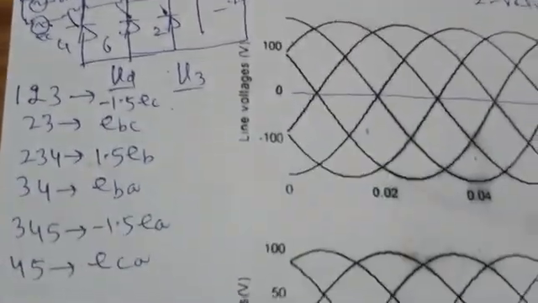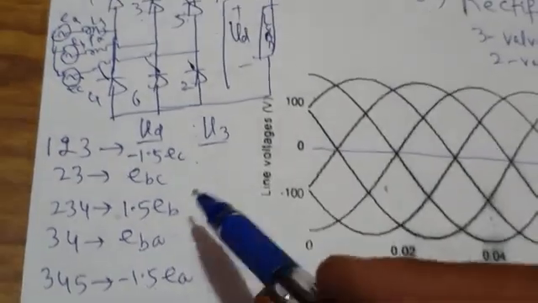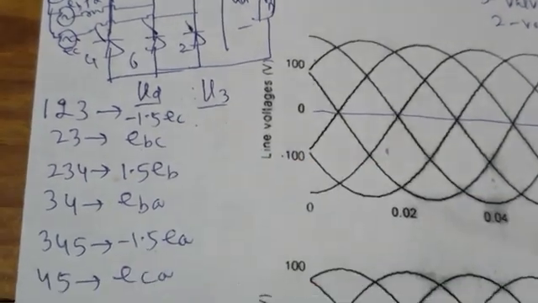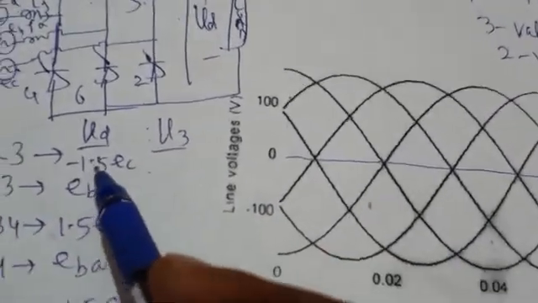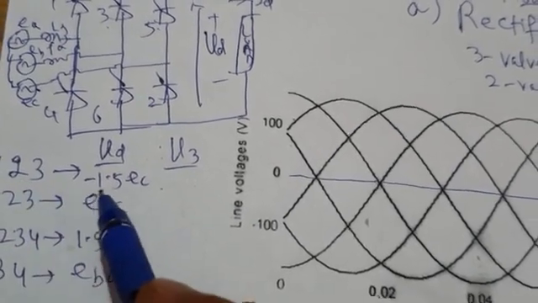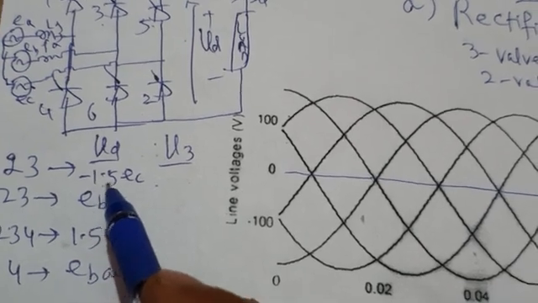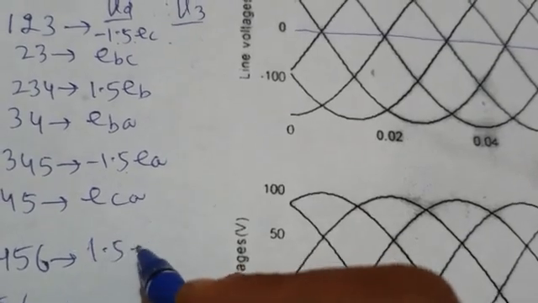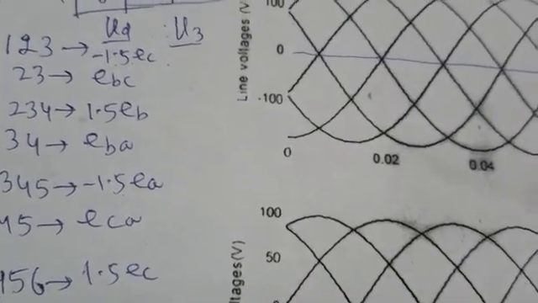So all other voltages I have already told you. Another trick: you just take the 180 degree phase reversed voltage, just the reverse of these. When 1, 2, 3 valves were conducting, load voltage was minus 1.5 EC. Just take the opposite of it, so that is plus 1.5 EC. Next is 5, 6 conducting.